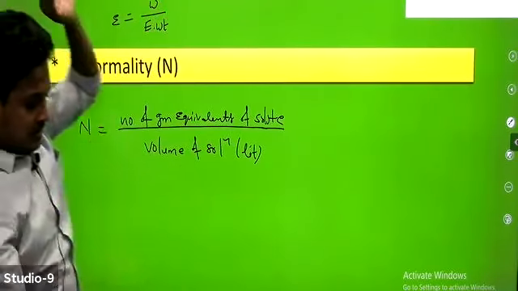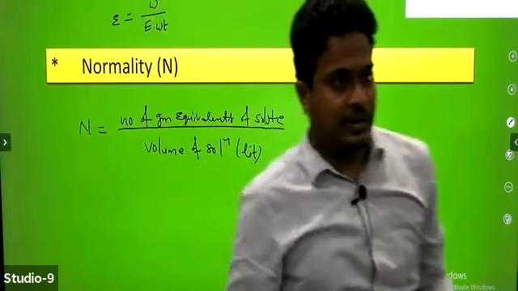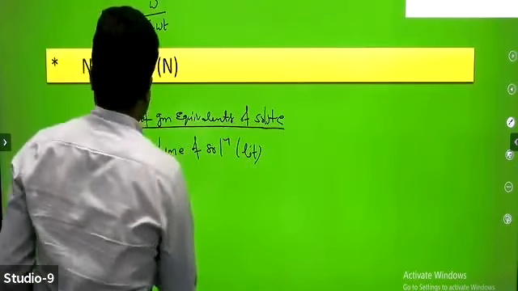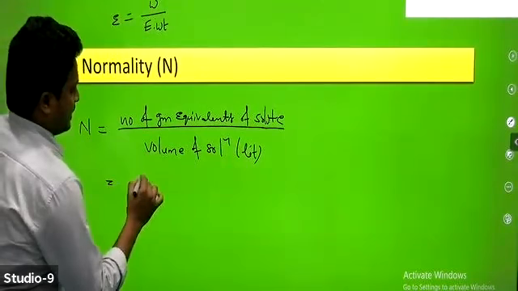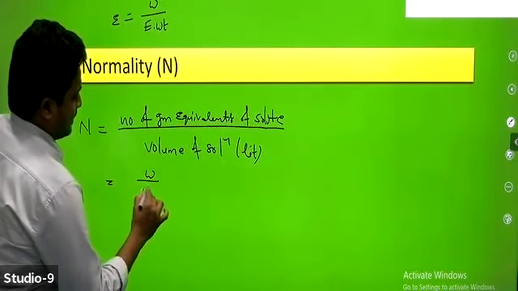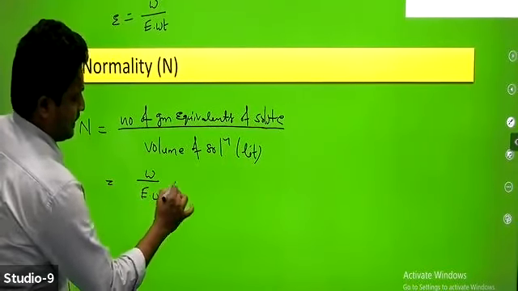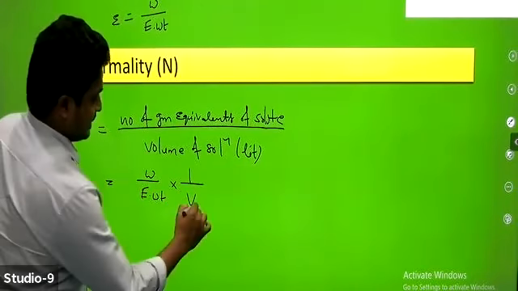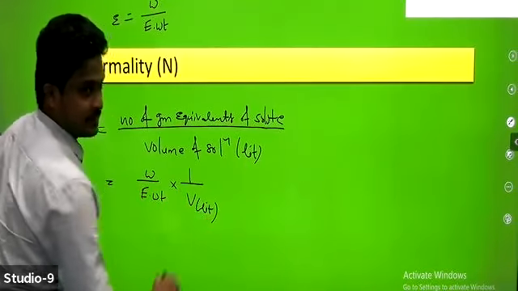But we have different ways to calculate equivalent weights. So substitute here, then what do we get? Weight by equivalent weight into 1 by volume of the solution in liters.